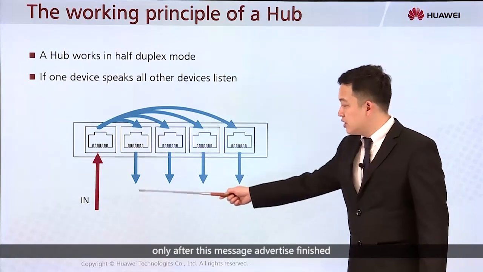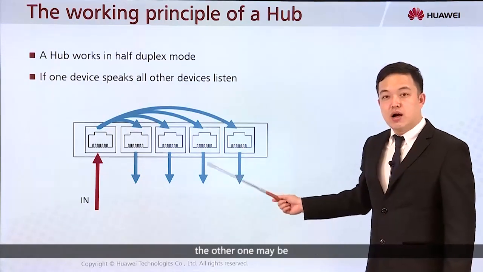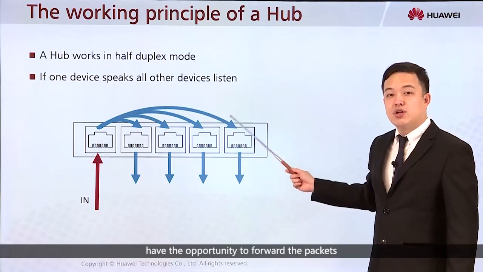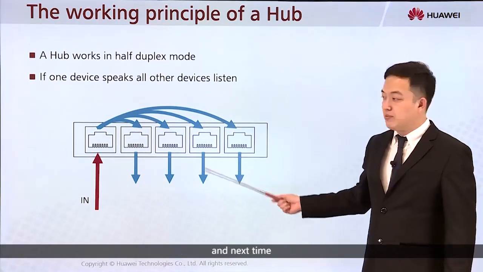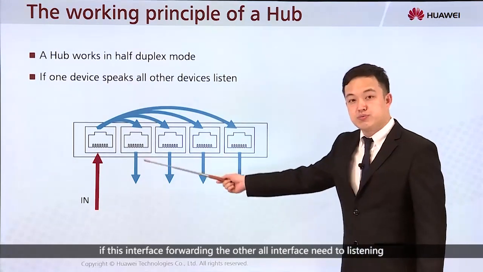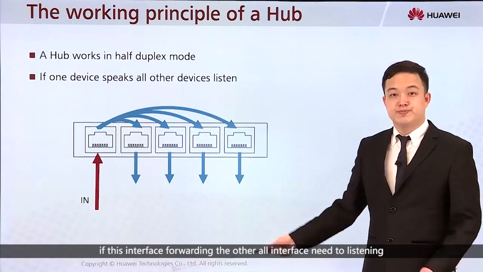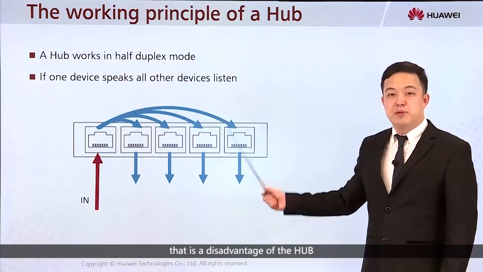Only after this message is finished, the other one may have the opportunity to forward packets. And next time, if this interface forwards, all the other interfaces need to listen. That is the disadvantage of the hub.